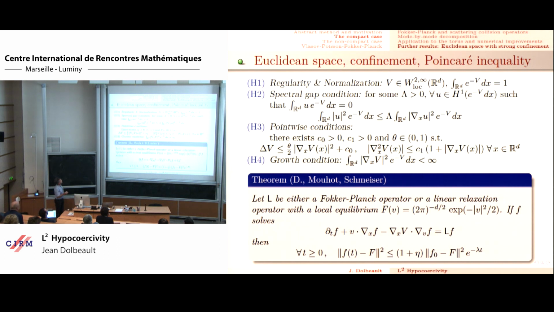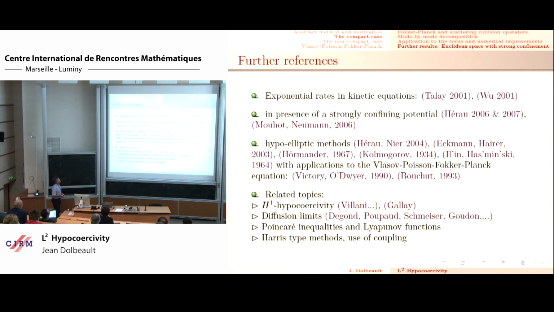So typically, you want to have some potential V such that you have a bounded measure, you have a Poincare inequality, and you need a few growth conditions which are here that are needed to get the elliptic estimate. So I'm going to skip it very quickly, but this is the result that gives you this hypocoercivity result in this good compact case. Good.